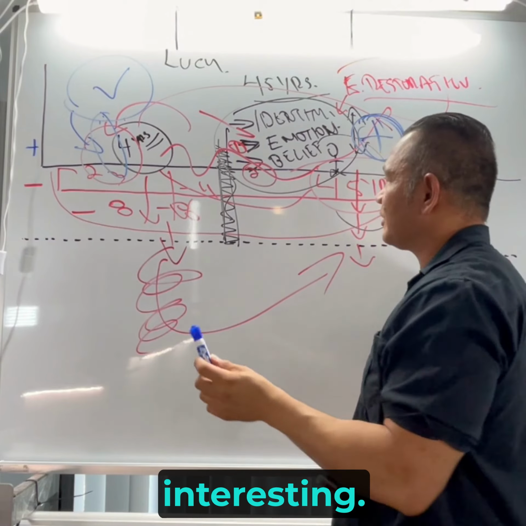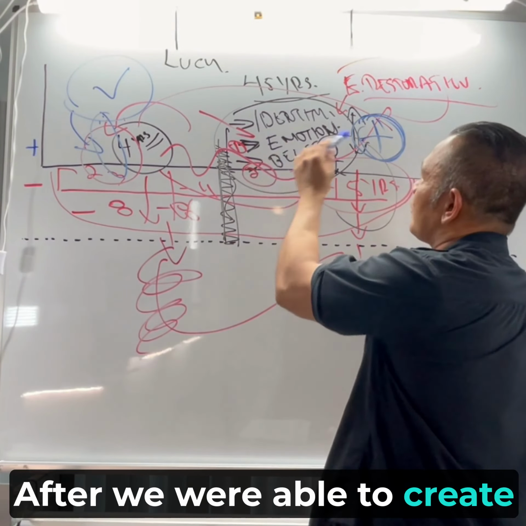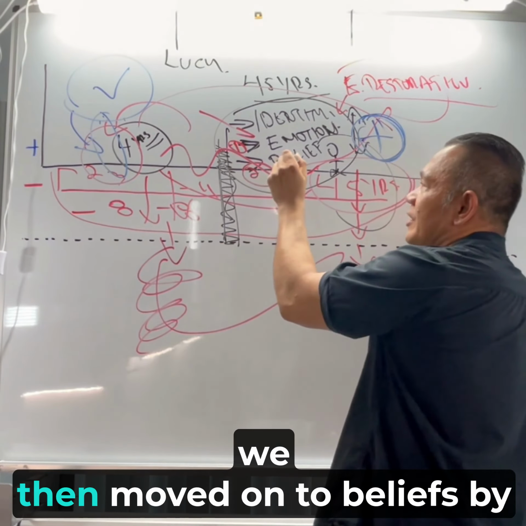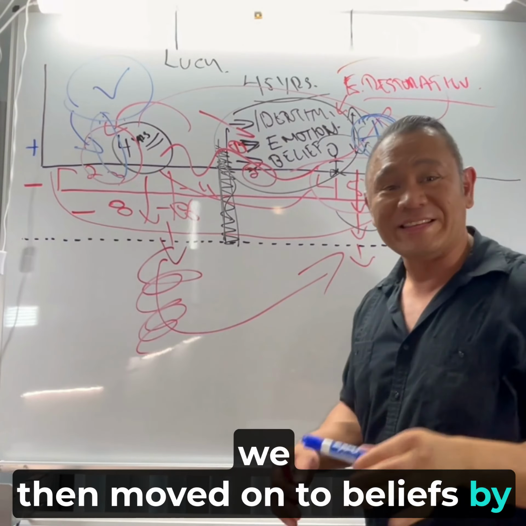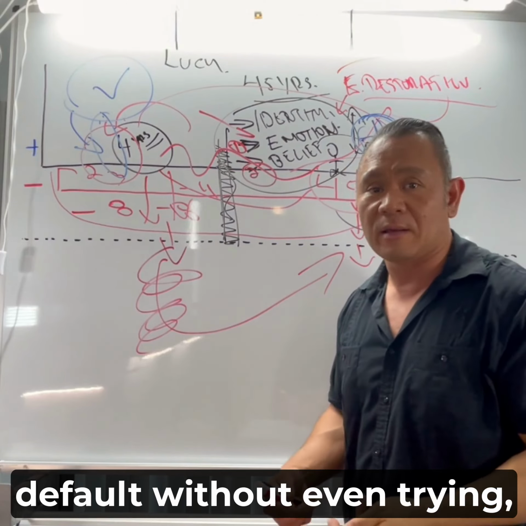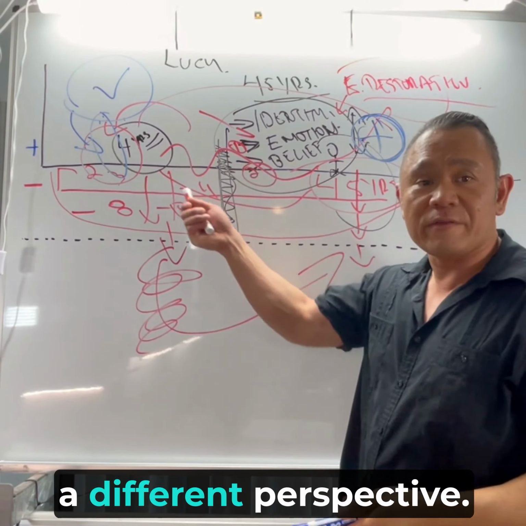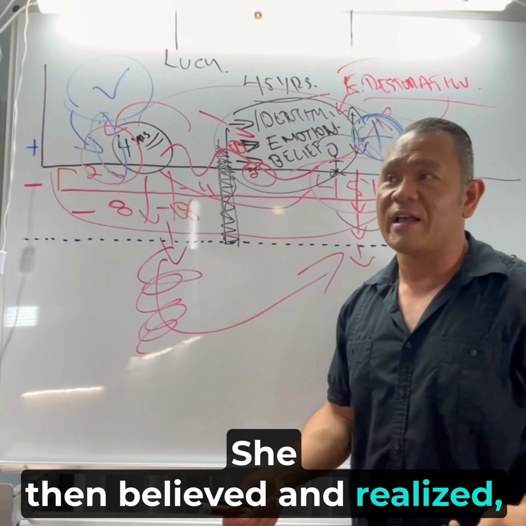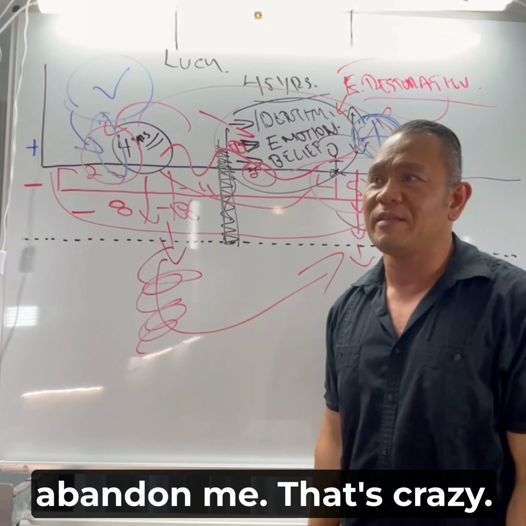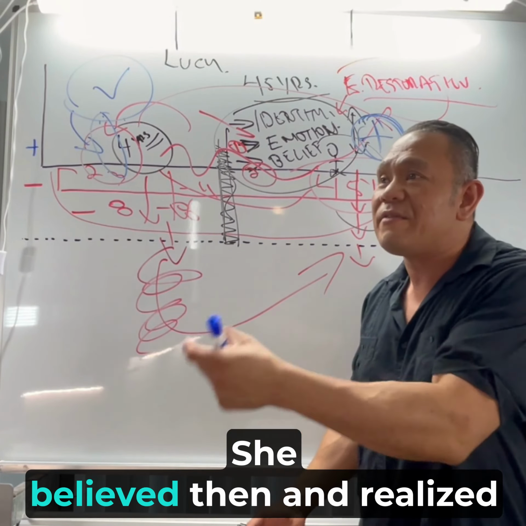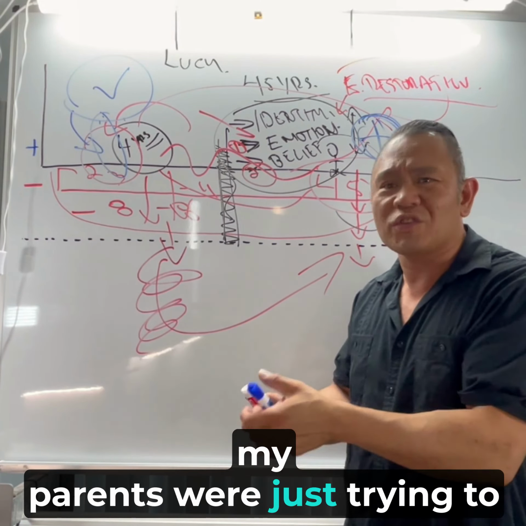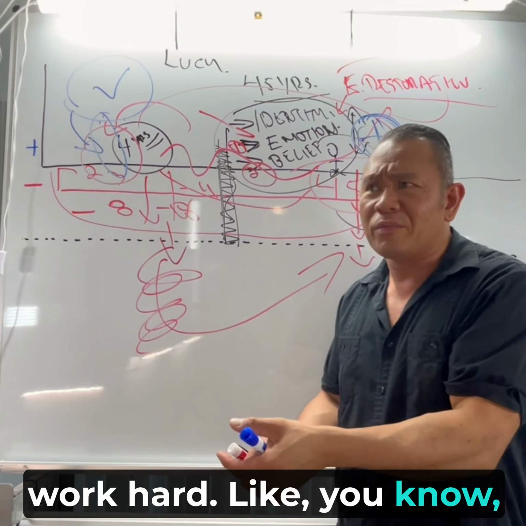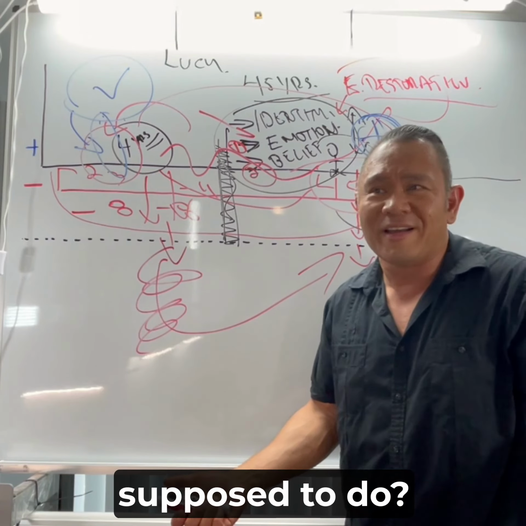Here's where it got really interesting. After we were able to create emotional restoration for her, we then moved on to beliefs. By default, without even trying, because she was able to see a different perspective about her parents, she then believed and realized, oh my God, my parents weren't trying to abandon me. That's crazy. She realized my parents were just trying to work hard. What else were they supposed to do?